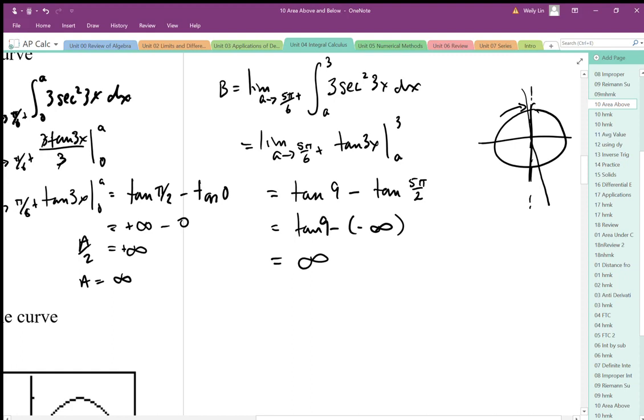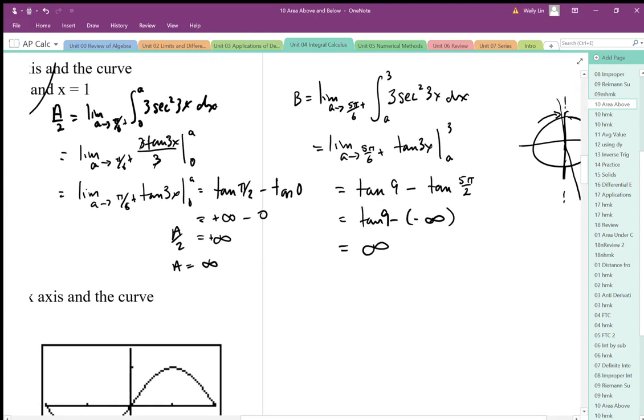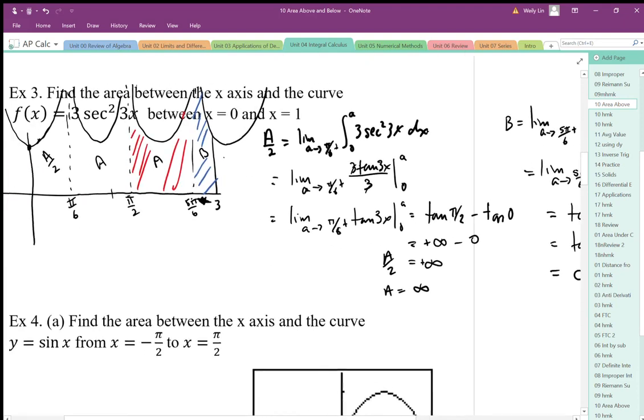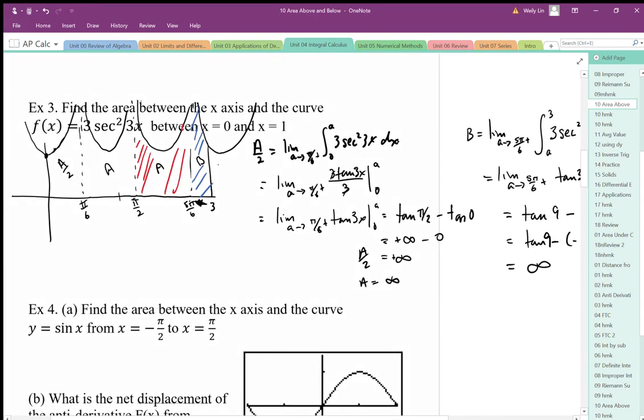So the area under B is also infinite, being an unbounded integral. So that example there actually really wasn't the best example because we really didn't see areas above and below the curve, but that's actually a very good practice for dealing with improper integrals.